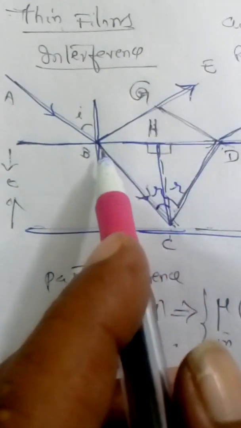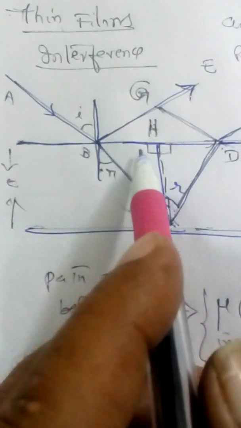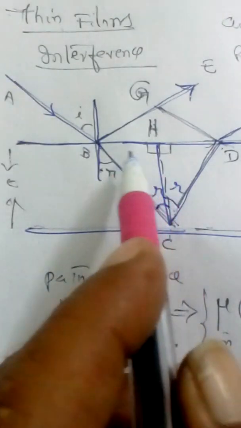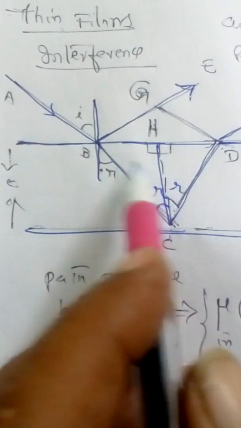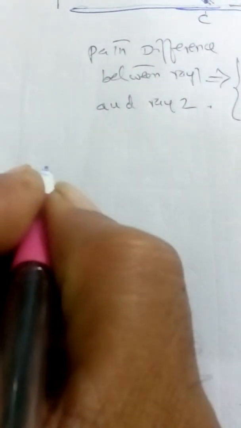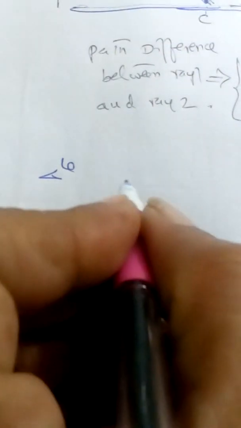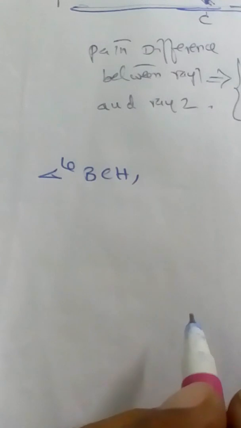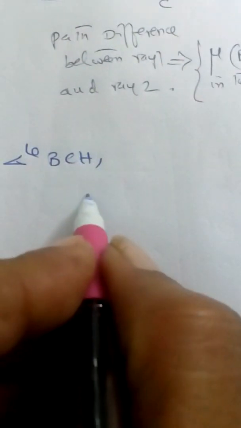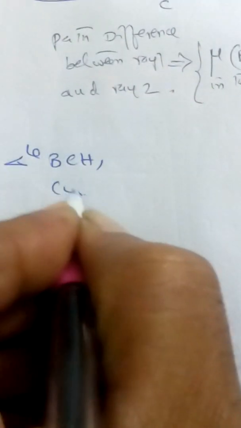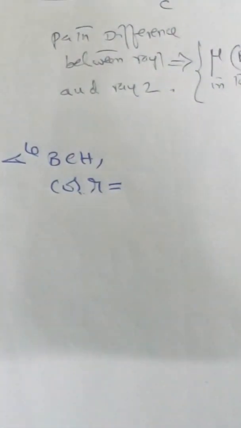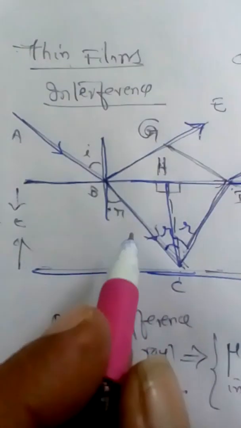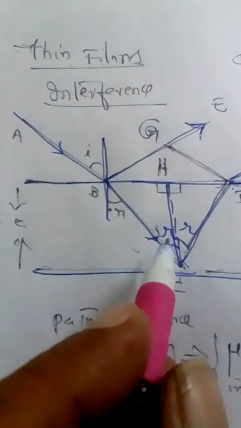So for this triangle, BC is the hypotenuse, BCH. So I will use trigonometric functions to calculate. From triangle BCH, you can find cos R. What is cos R?